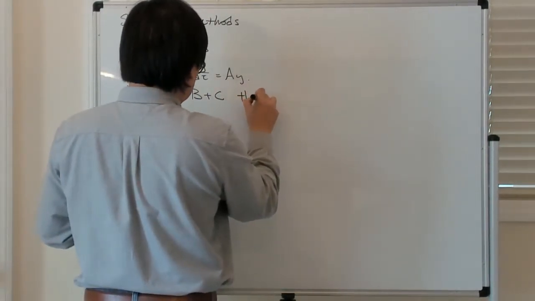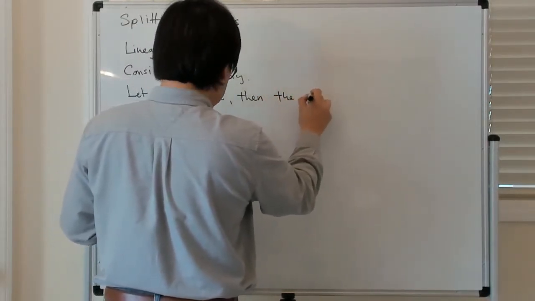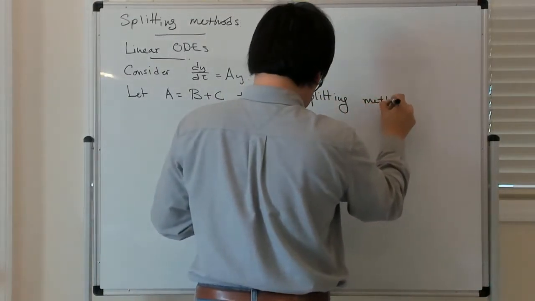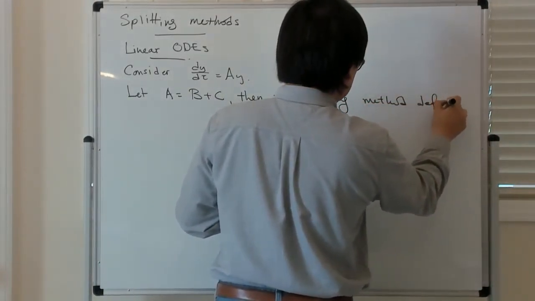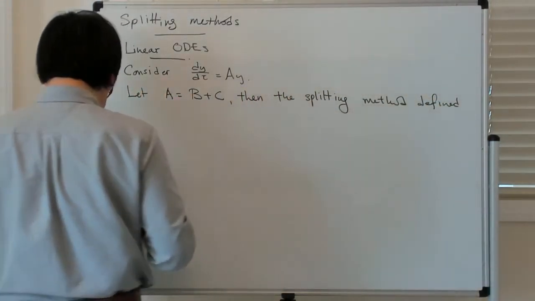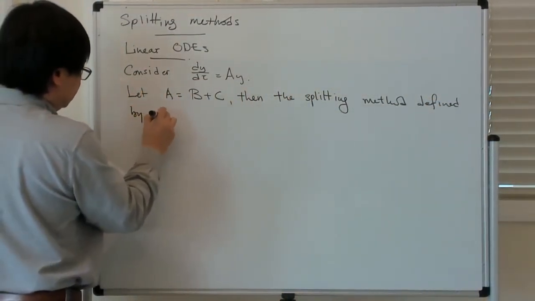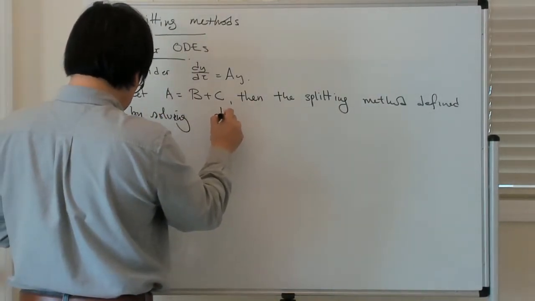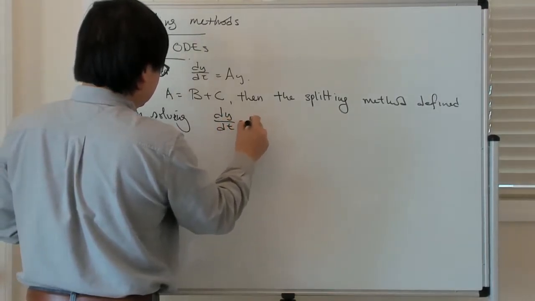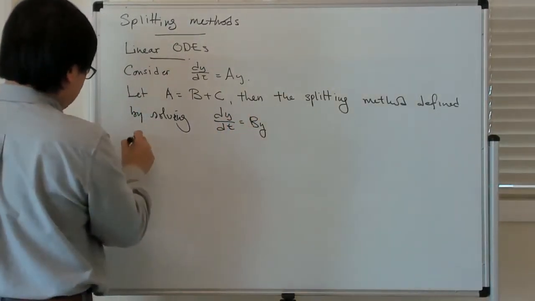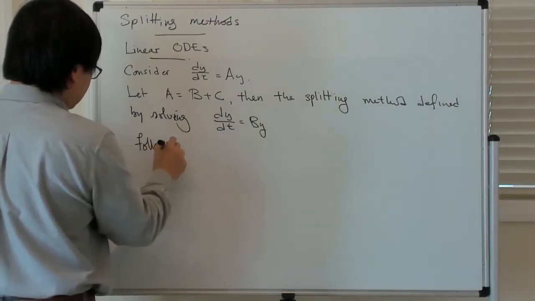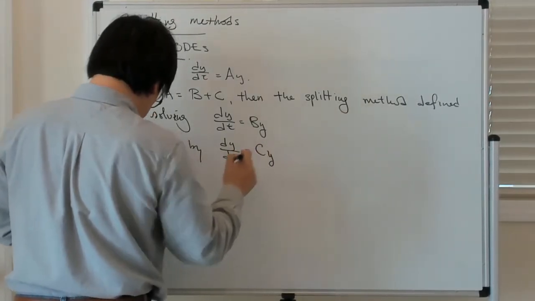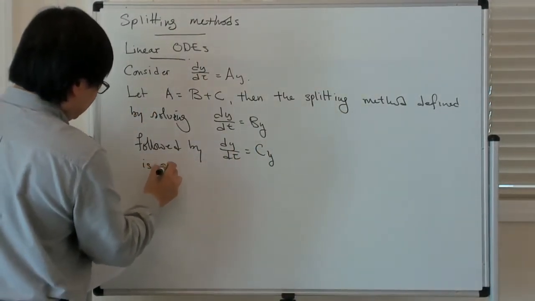Then the splitting method defined by solving the first equation, which is dy/dt equals B y, right, followed by dy/dt equals C y, right, is given by the following.